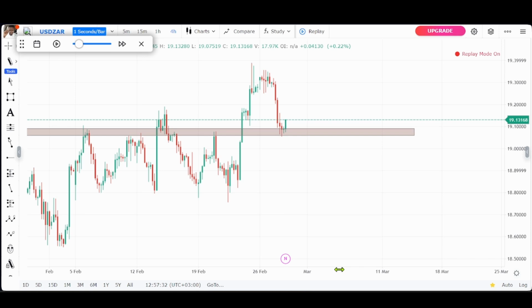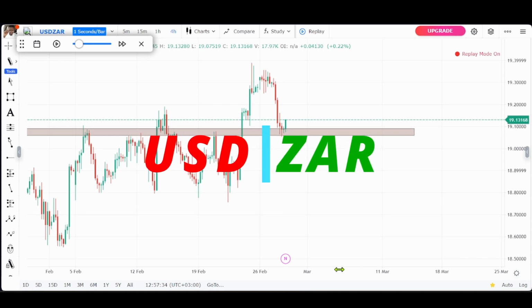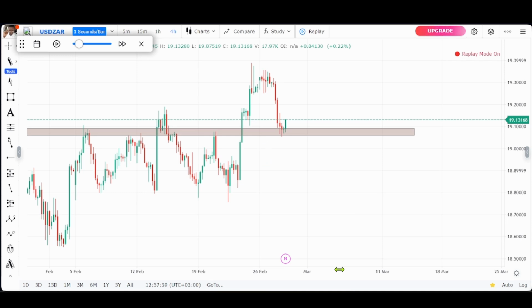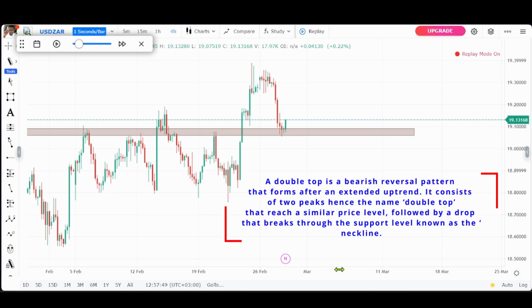Now, we are looking at USD versus South African Rand on the 4 hours time frame. So, what exactly is a double top reversal? In simple terms, a double top is a bearish reversal pattern that forms after an extended uptrend.